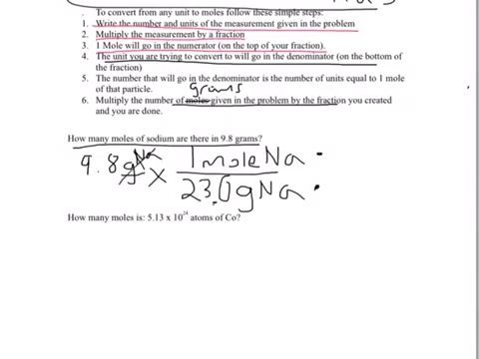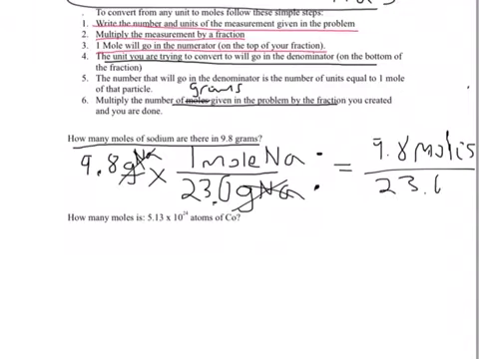So grams would cancel, and I'd be left with 9.8 times 1 divided by 23.0. Put that in my calculator, and it comes out to be 0.43 3 moles of Na.